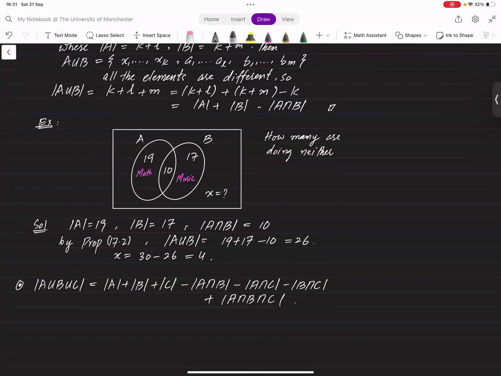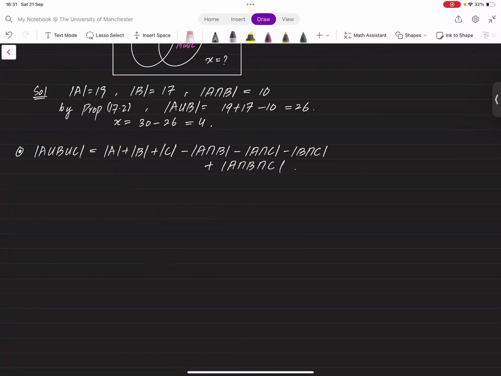Now we are going to talk about the inclusion exclusion principle.